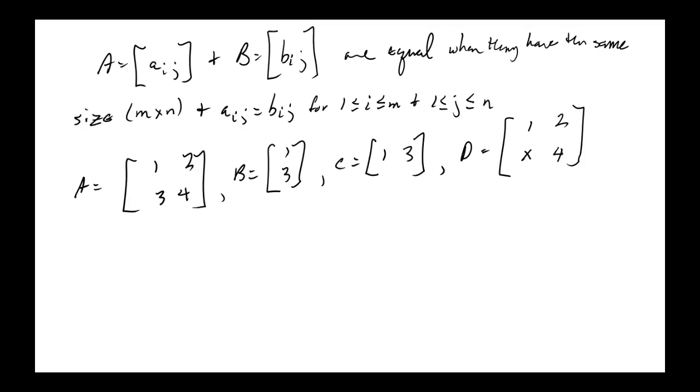So matrices A and B are not equal because they're different sizes. B and C are not equal because even though they have the same 2 elements, they're in a different order, so they're not the same size. A and D are equal if and only if x equals 3, or some other representation of 3.